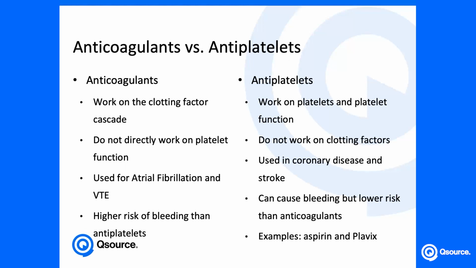They tend to cause less bleeding, especially in comparison to anticoagulants, but they often get lumped in together with anticoagulants. So as we're talking about anticoagulants, it's important for us to make sure that we're talking about the right group of medications. Common antiplatelets would be aspirin and Plavix, or clopidogrel.